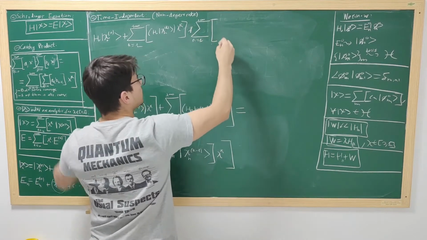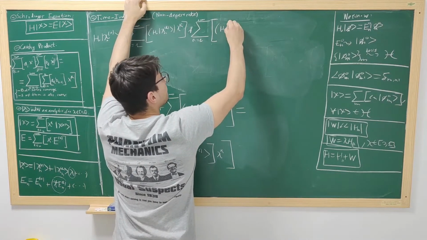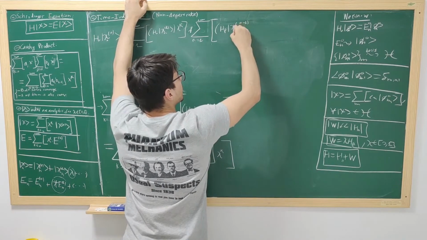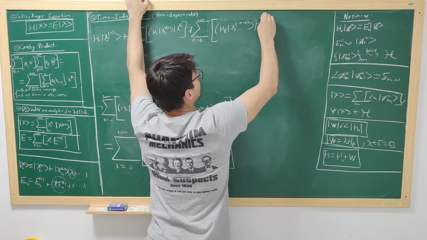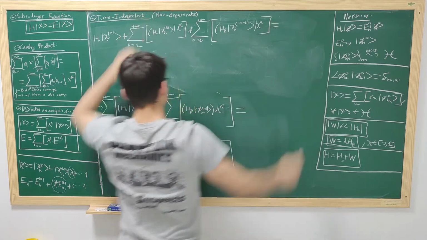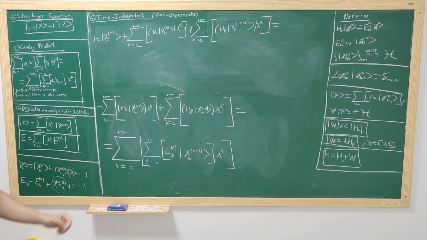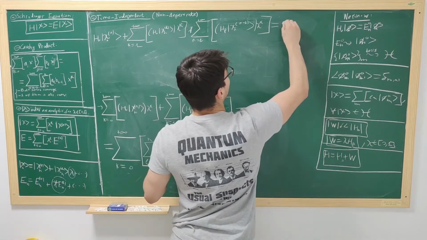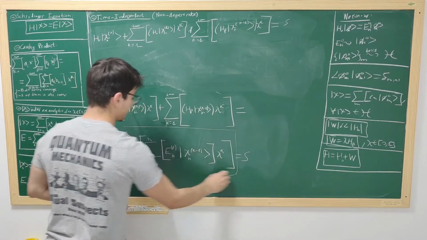We get the sum going from 1 to positive infinity of the perturbation times our k minus 1 correction, the nth energy, times lambda k. And this is equal to this sum right here. And no, I'm not going to write it right now, just remember that this is equal to s. And this is s, okay? This is equal to all of this.